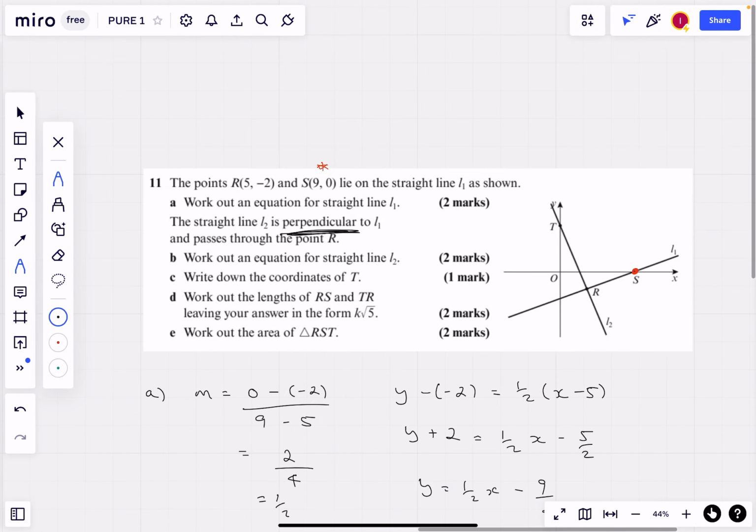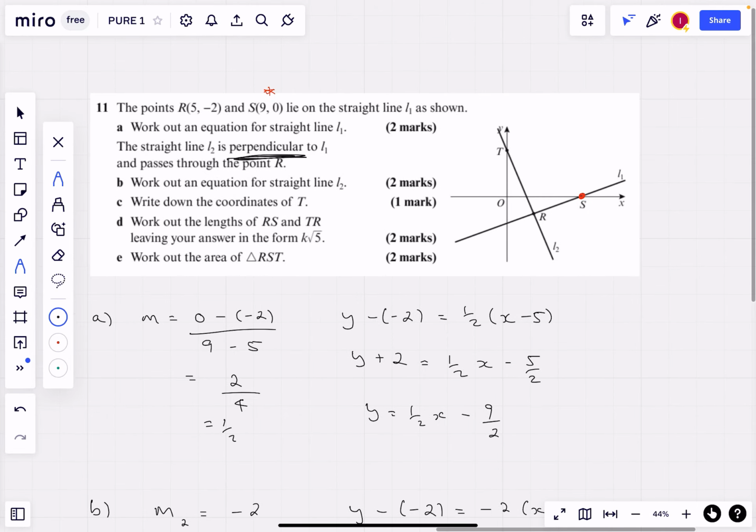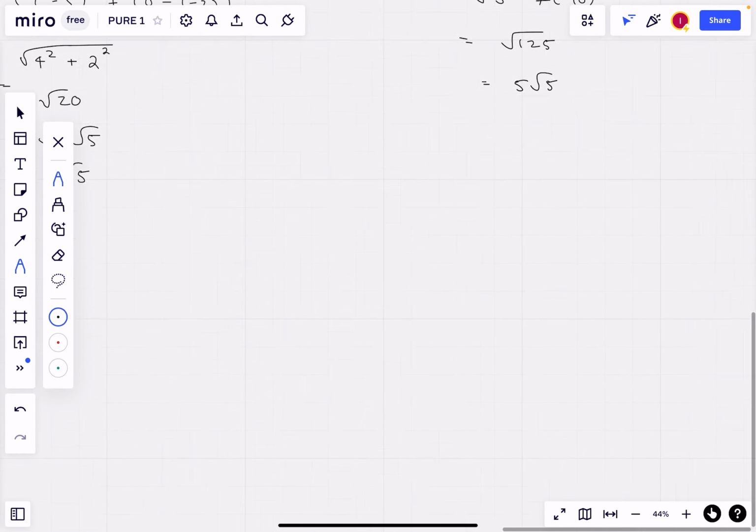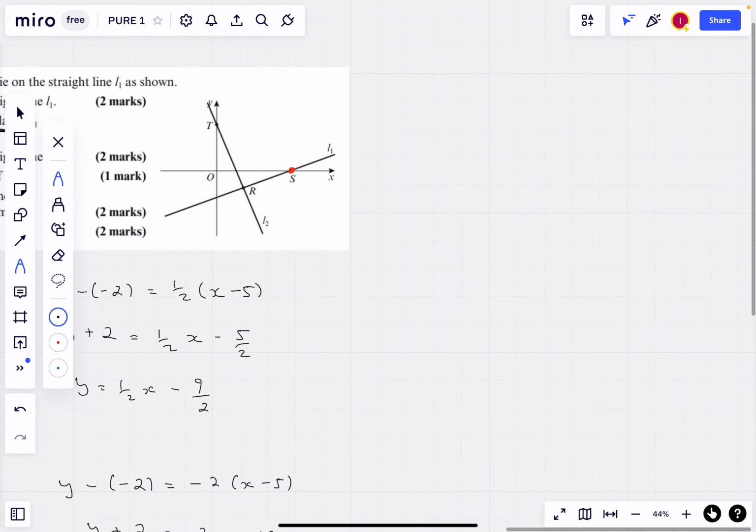Okay. Work out the area of RST. Looking at the graph, that bit in green, that's our RST. Meaning this is our base, RS, and TR is our height.